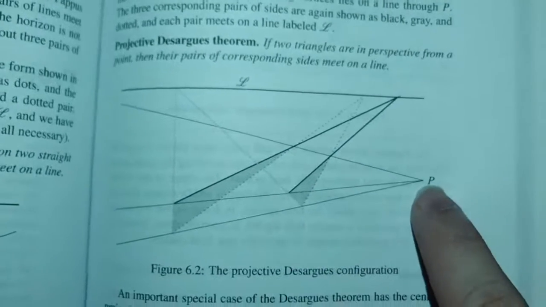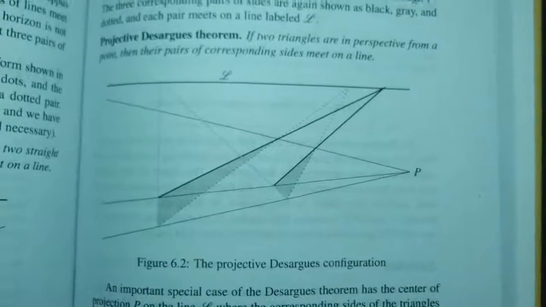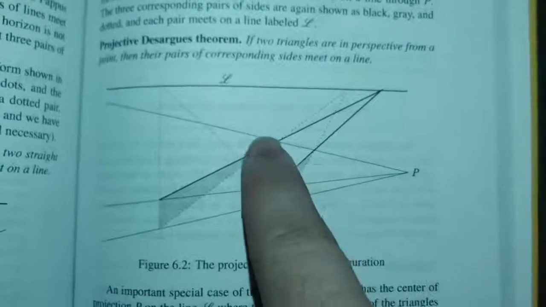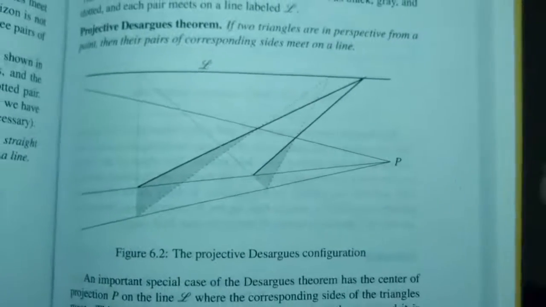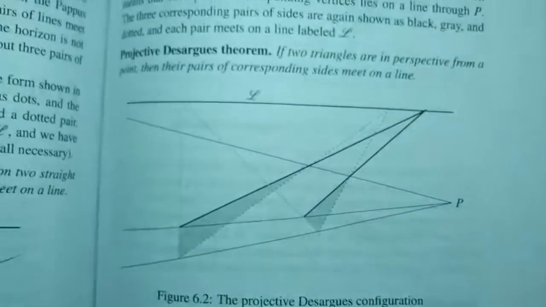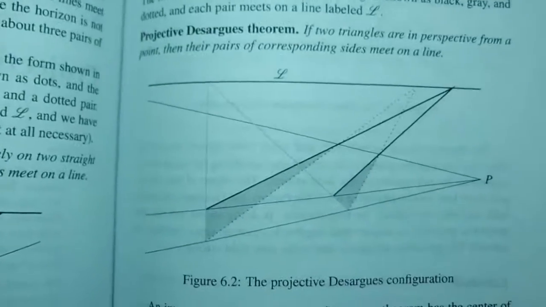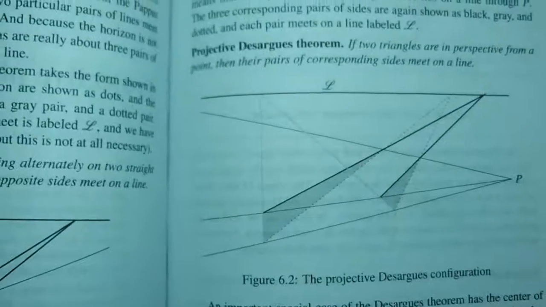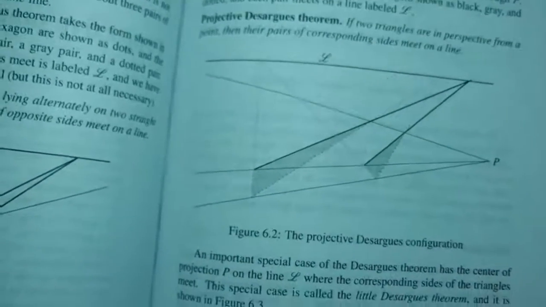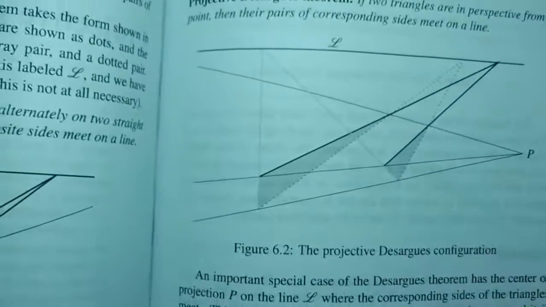If I have a point P here, these two shaded triangles are in perspective from point P if when I draw the lines through their corresponding vertices, those lines meet at P. So working in reverse, if you wanted to form triangles that were in perspective, you start with a point and draw three lines, and that gives you your corresponding vertex lines. Okay, all right.